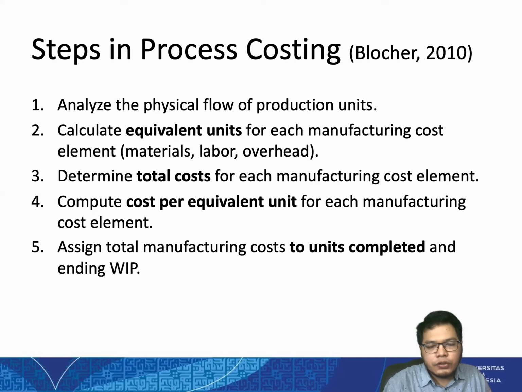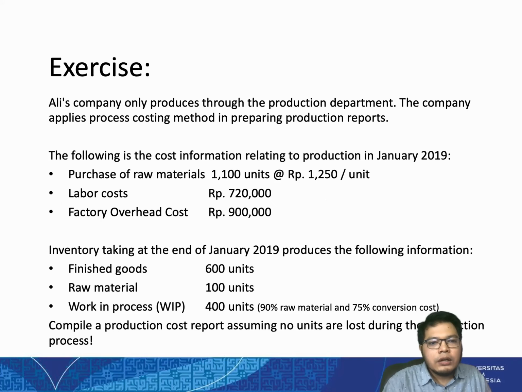Cost per equivalent unit is basically total cost divided by the equivalent units. Then assign total manufacturing cost to units completed and to the ending work in process. Okay, those are the steps in process costing. Let's try to do an exercise to make this topic more understandable.